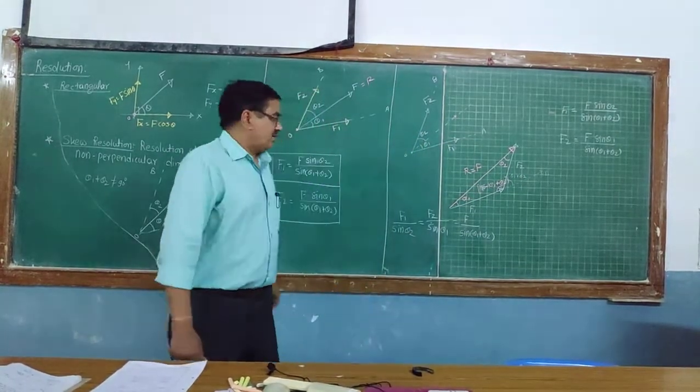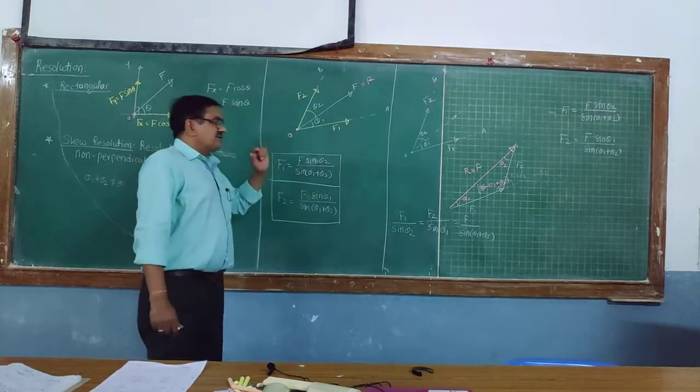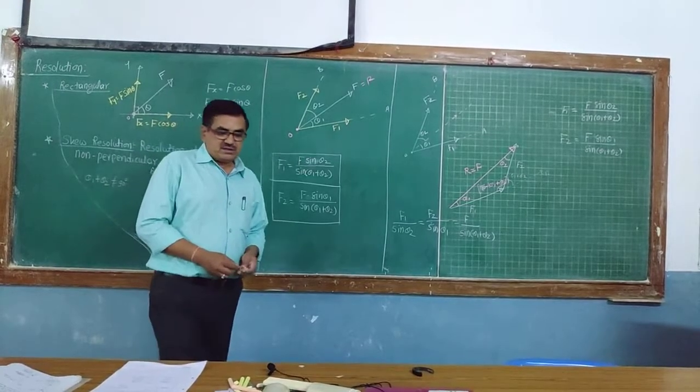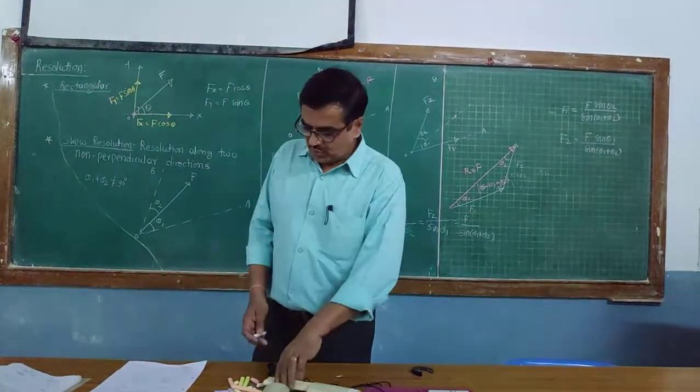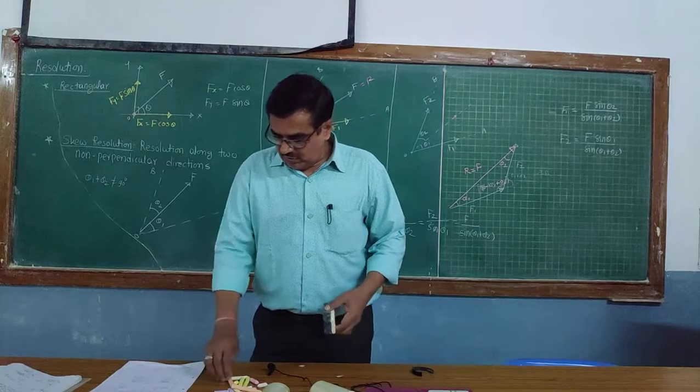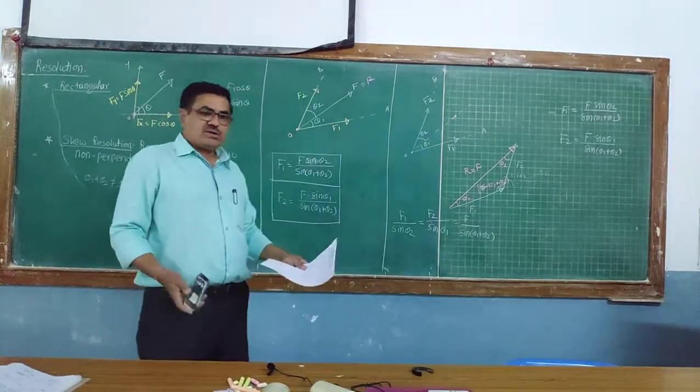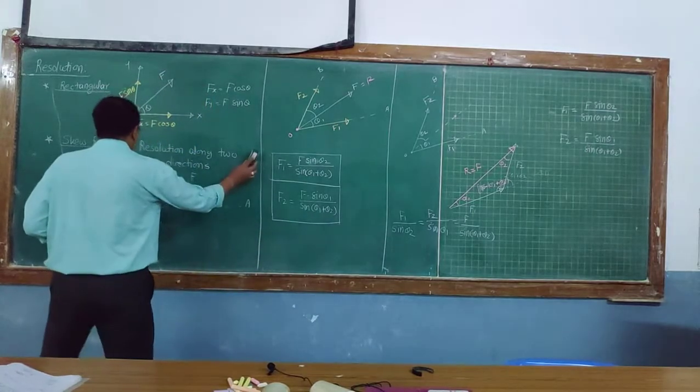So in this way, a force can be resolved along two non-perpendicular directions, and this resolution is called skew resolution. Now how to apply this skew resolution concept to a problem, that we will discuss.